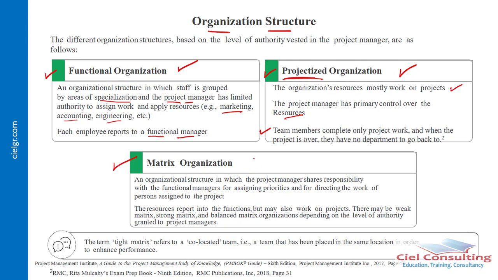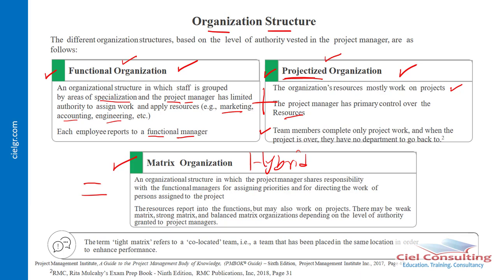There's also the matrix organizational structure. The matrix organizational structure is a hybrid. In other words, it's a combination of both the functional as well as the projectized organizational structure. If you have a situation where the organization, in addition to having functional roles, also has a unit or a department that is dedicated to carrying out projects, we refer to that as a matrix organizational structure.